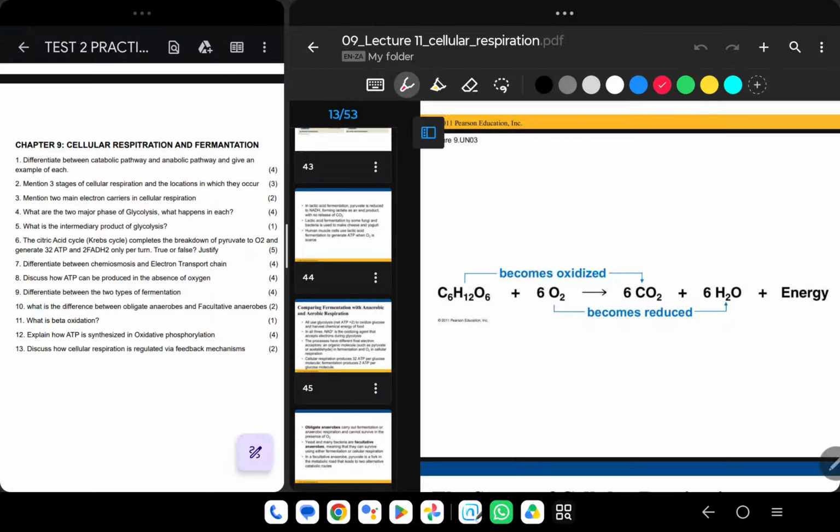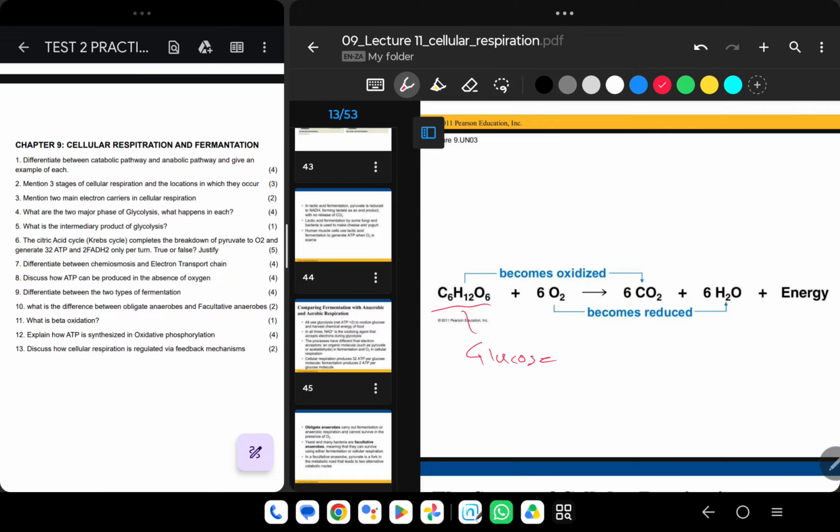First things first, I need to know and understand about cellular respiration is its equation and what the equation means. The equation is here on your right. That's the equation of cellular respiration. It tells you that we have C6H12O6, so this is your what? Your glucose. So glucose added to oxygen.